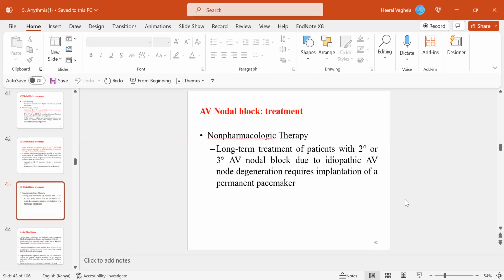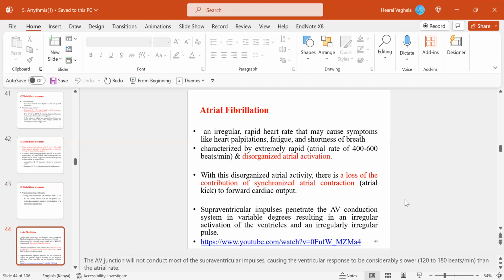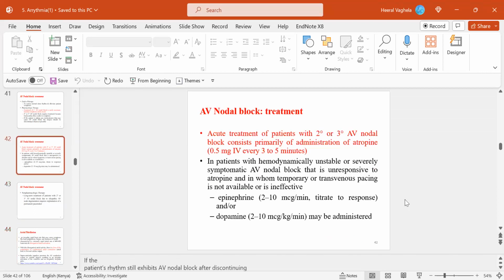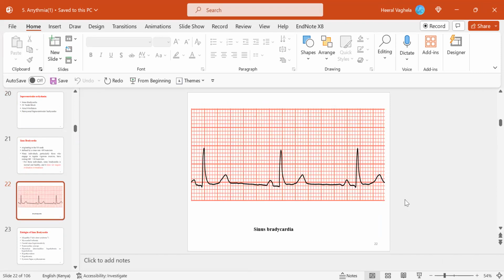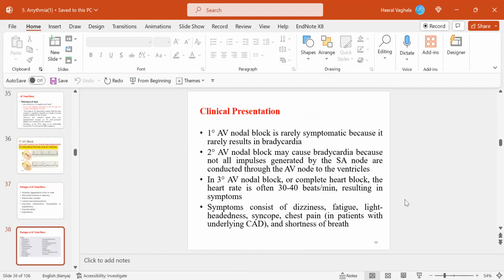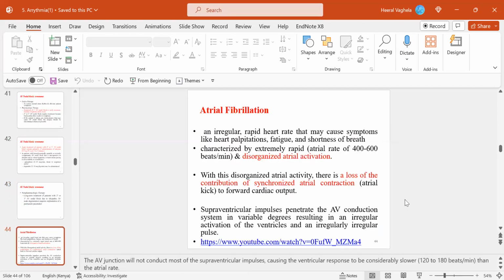So the next one is atrial fibrillation. In AV nodal block and sinus bradycardia, it was organized, it's just that it was slower. But in atrial fibrillation, it's disorganized atrial activation.